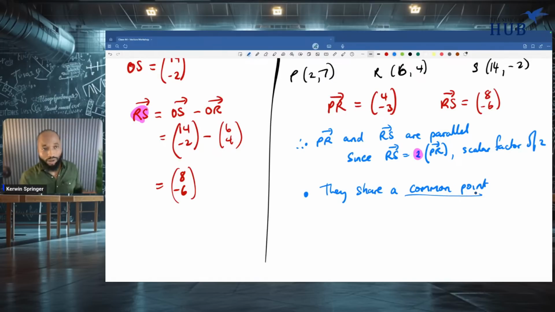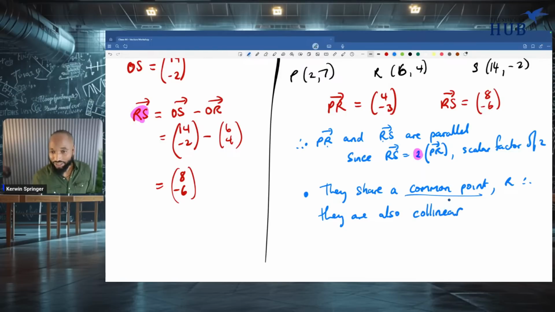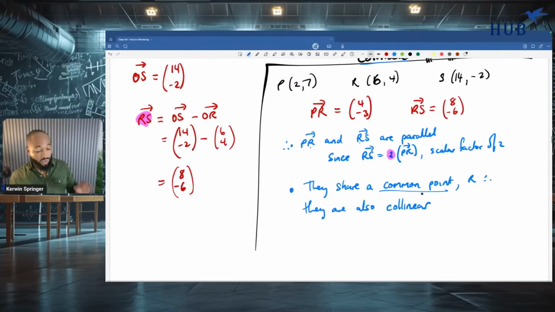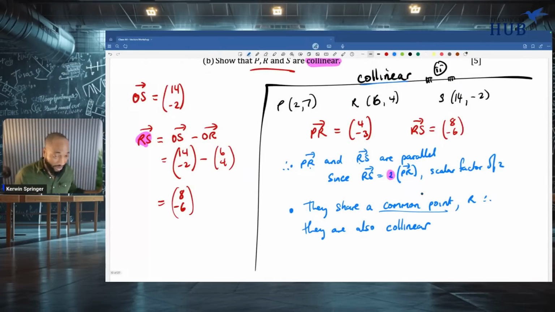If something is parallel and it shares a common point, in this case the point is R, therefore they are also collinear. You understand? So, to show that they are parallel, get the scalar factor, show that one is a scalar multiple of the other. To show that they are collinear, you need to show that they share a common point.